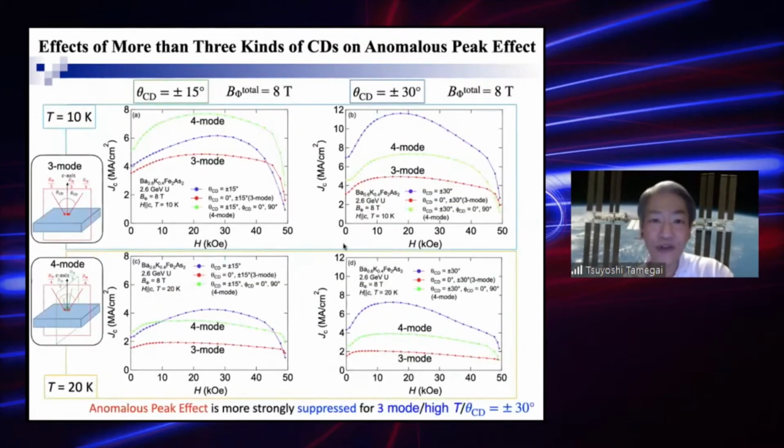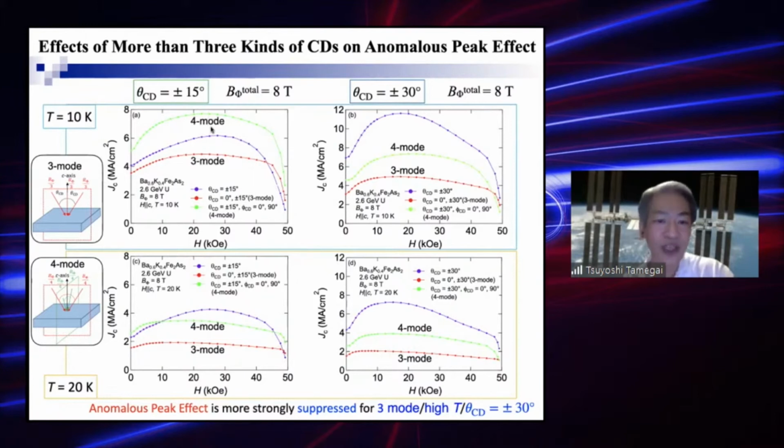Then we try to see the effect of 3 mode or 4 mode columnar defects in 1-2, once again, still 1-2. Here we compare the normal case, this bubble, and 3 mode and 4 mode. Obviously, the bubble one shows the most pronounced peak, and 3 mode or 4 mode is suppressed.